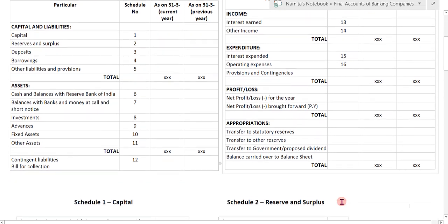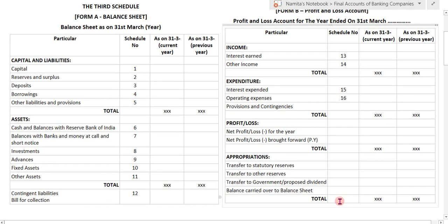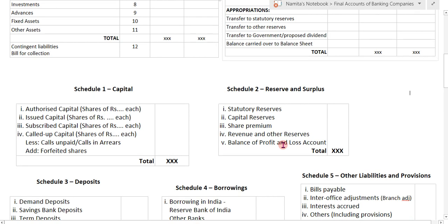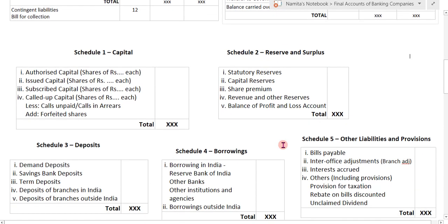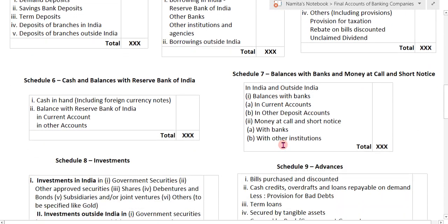In this way the profit and loss account and balance sheet are prepared. So this is the format of the balance sheet and profit and loss account along with the total 16 schedules of the banking company. I hope you have understood today's session.